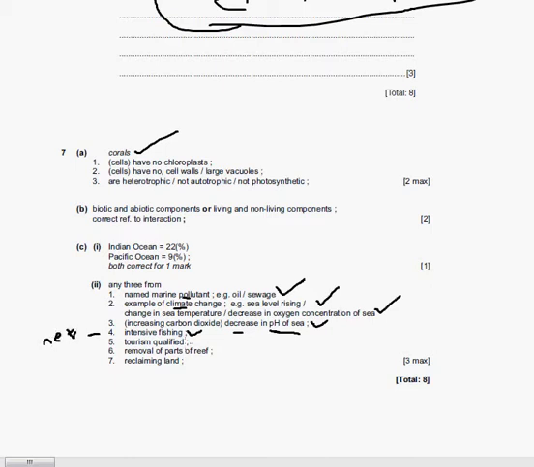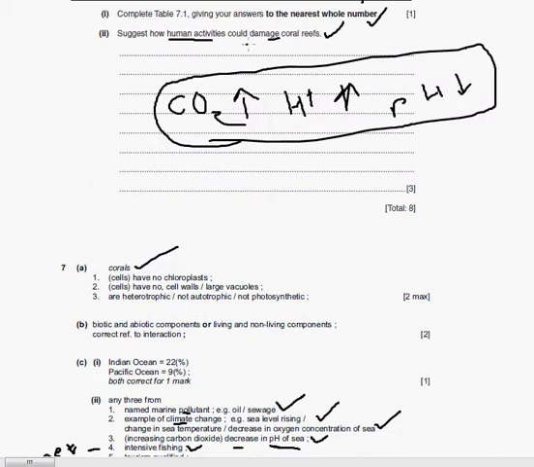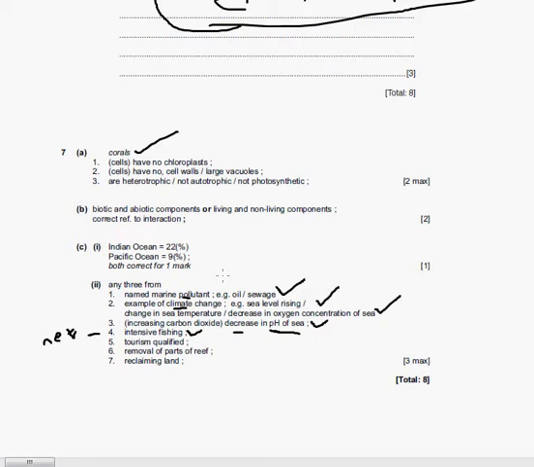I'm talking about that advanced modern fishing, okay? And then tourism. Tourism also causes problems because tourists can damage the coral reefs by their own activities. It's not so much qualified as a point, but we can just mention it as an additional point. After all, there are just 3 points required.